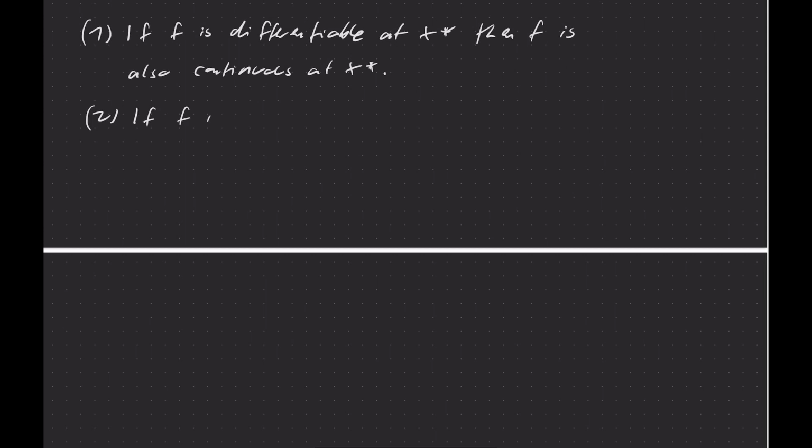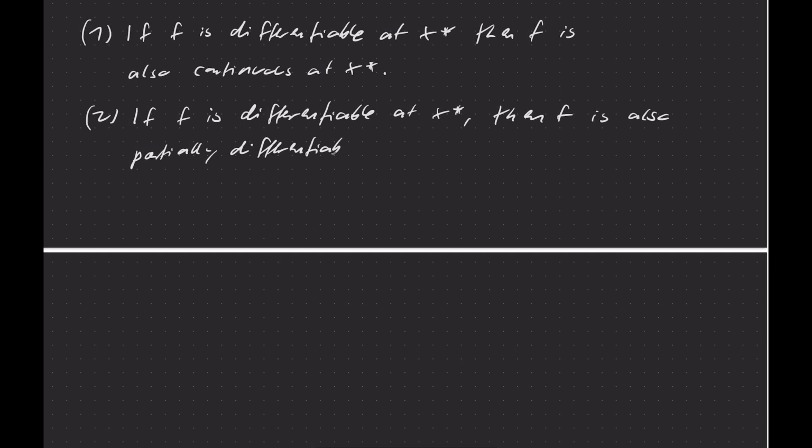So if f is differentiable at x star, then f is also partially differentiable at x star, with the gradient of f at x star transposed being the total differential of f at x star.